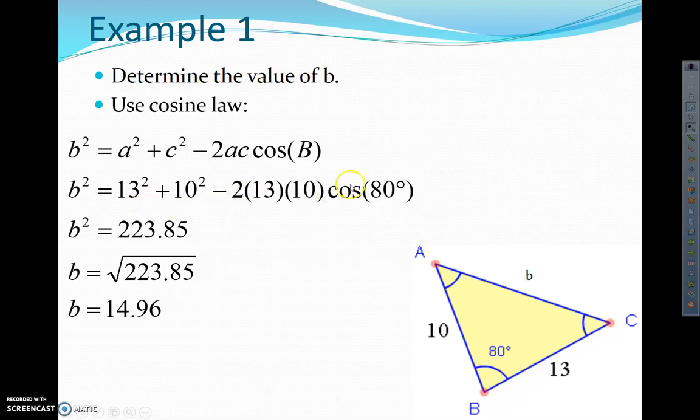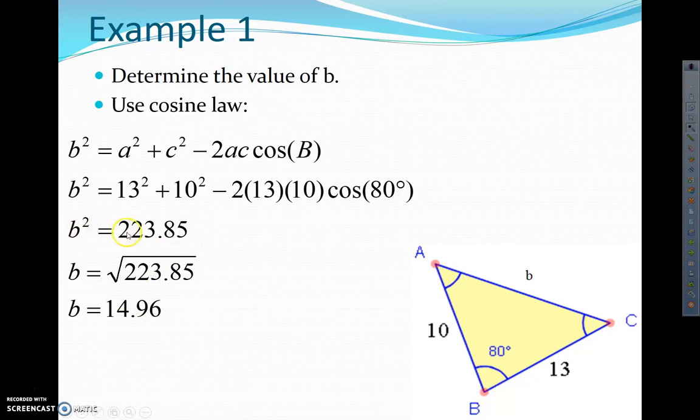So just be very clear that you get this answer. If I was doing this on a test, I might actually skip directly to this answer at the very bottom, where b is 14.96, and not show these intermediate steps. But because this is a lesson, I'm showing you what the numbers are to make sure that if you've got a problem with your calculator, you know where you're going wrong with it.